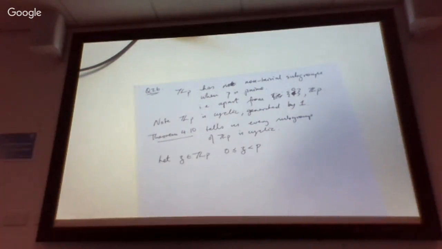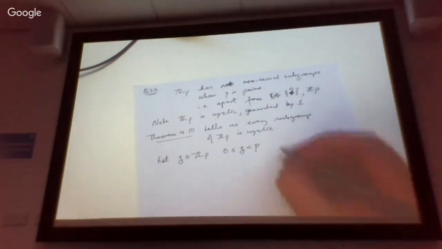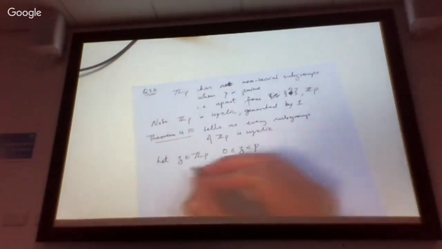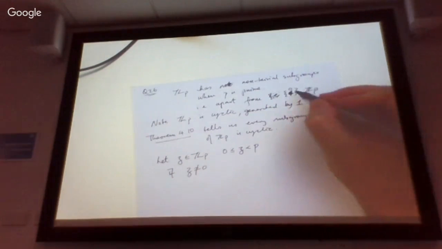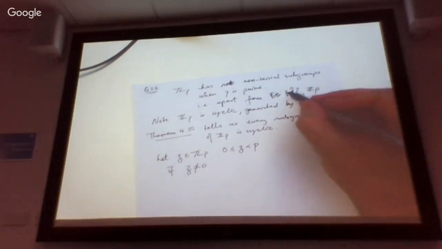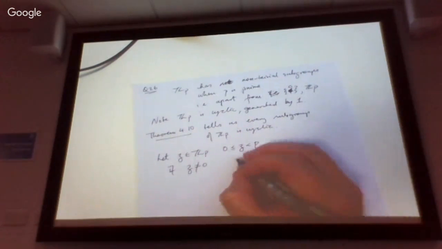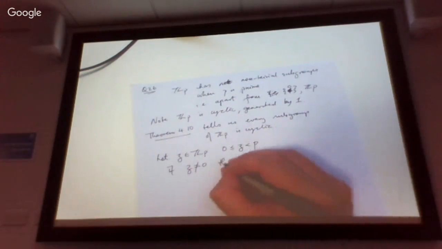We had a nice induction proof establishing this theorem based on the fact that every integer factorization is unique. So yeah, Z_PQ has exactly P minus 1 times Q minus 1 generators.